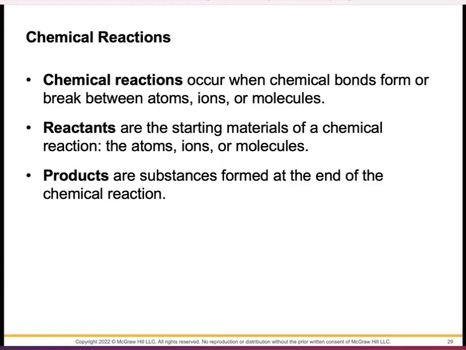All chemical reactions begin with what we call a reactant. A reactant is the general term for one or more substances that enter into the reaction. Now, the one or more substances that are produced by a chemical reaction, the end product, is what we refer to as the product of a chemical reaction.